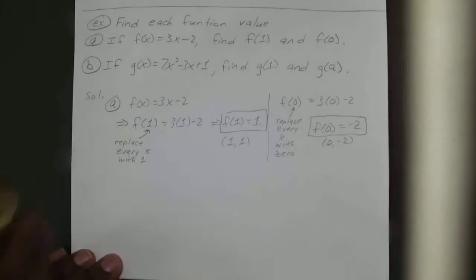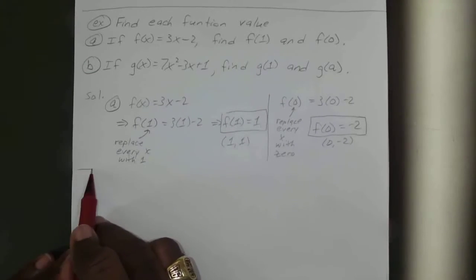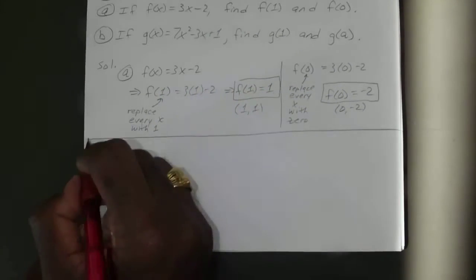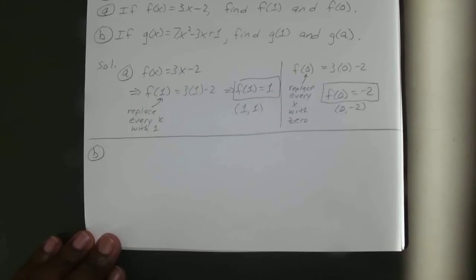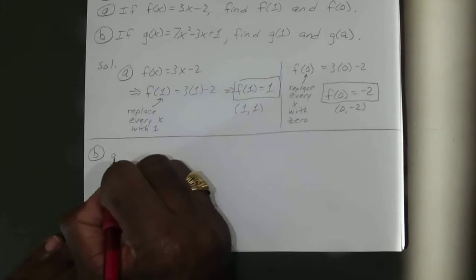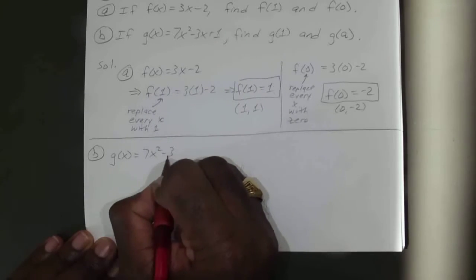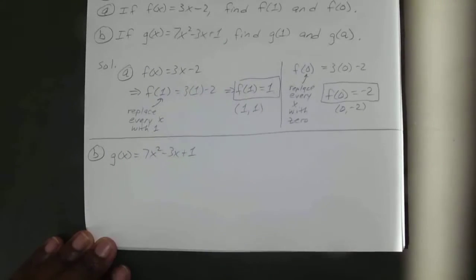All right, so we'll go to B and kind of separate that a little bit. And I'll move a little further over to the left. Okay, so we know g of x is equal to 7x squared minus 3x plus 1.